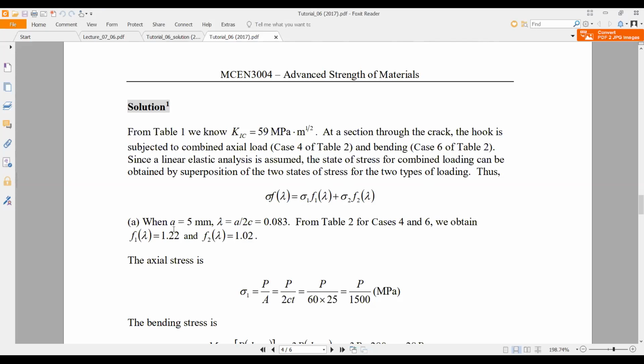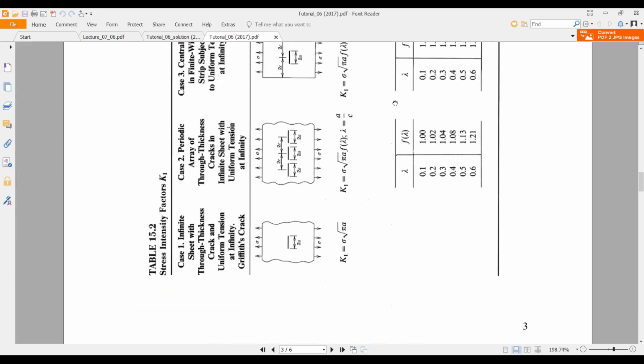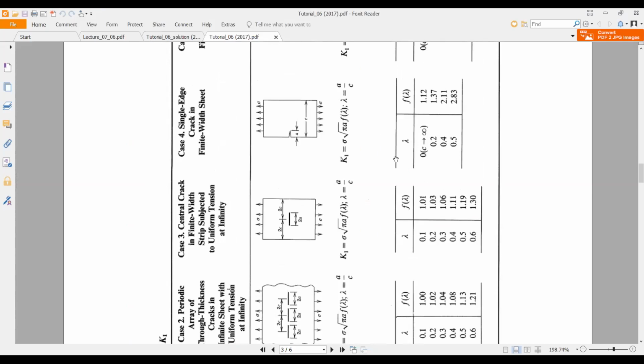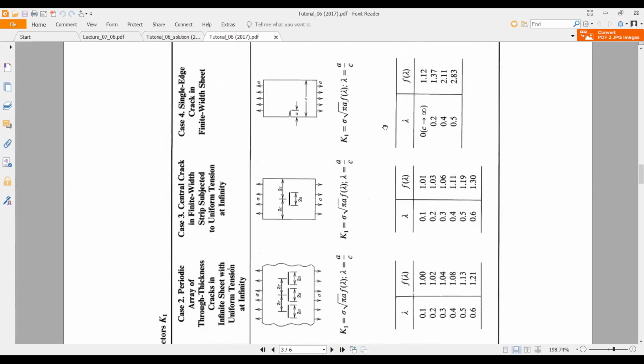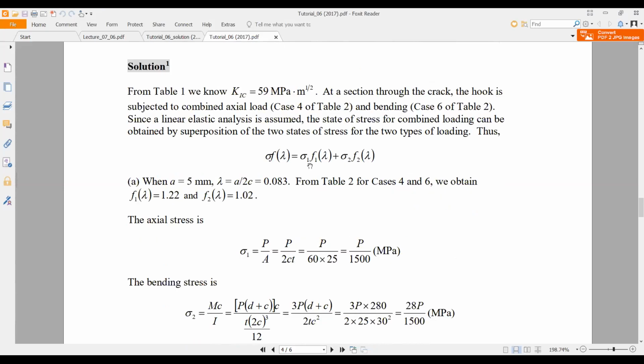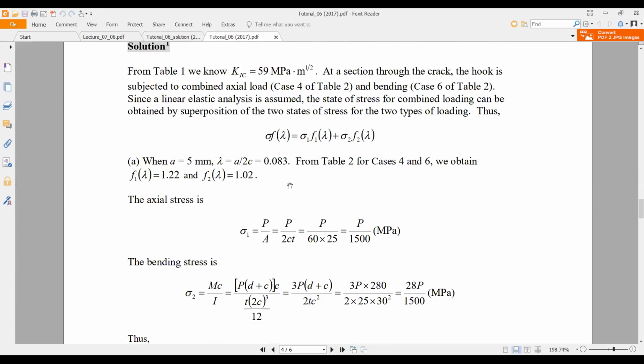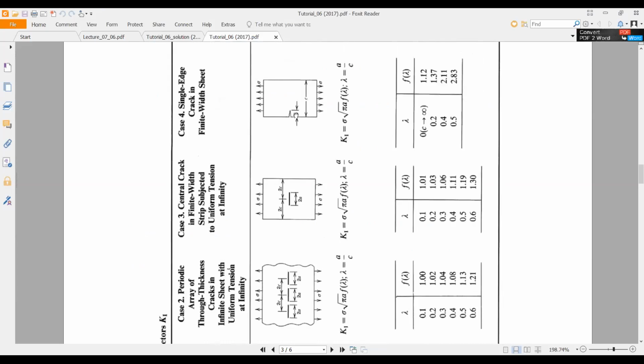So when A equals 5 millimeter, you can calculate the lambda value, because they provide the ratio, lambda, A divided by C. Sorry, let's see.